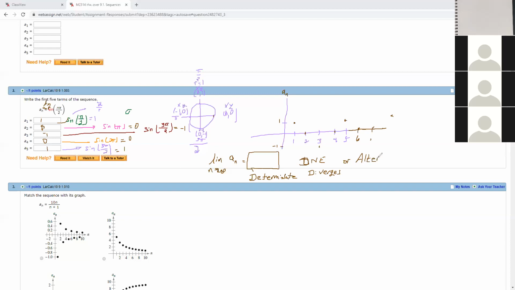Alternating. It's the alternating type, where they're not getting closer and closer to any finite number. So that's what we would put right here. Diverges, we would say here. And if they ask for more explanation, we would say because of this alternating type. Any questions here, class? No. Okay, very good.